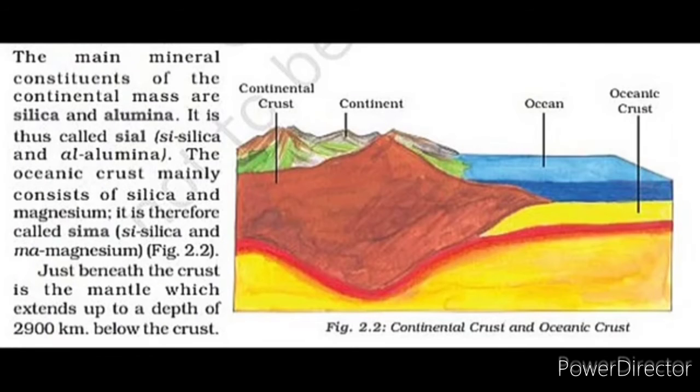Here in the book it is given about the main mineral constituent of the continental mass, which are silica and alumina. It is thus called SiAl, Si for silica and Al for alumina. Then the oceanic crust mainly consists of silica and magnesium, so it is called SiMa, Si for silica and Ma for magnesium.